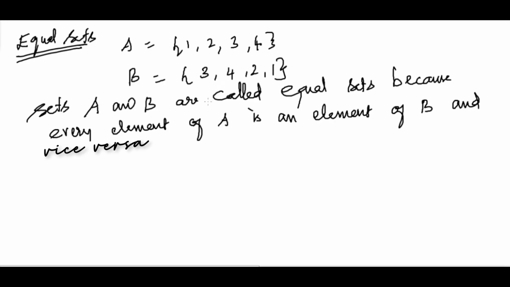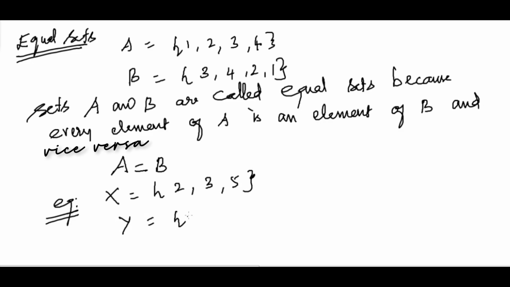Every element of B is also an element of A. So, A and B are called equal sets, and we can represent equal sets as A equal to B. Suppose we take one example, X is equal to {2, 3, 5} and Y is {1, 5}. Clearly, X and Y are not equal. So, we can write it as X is not equal to Y. For not equal, this is the symbol. For equality, this is the symbol.